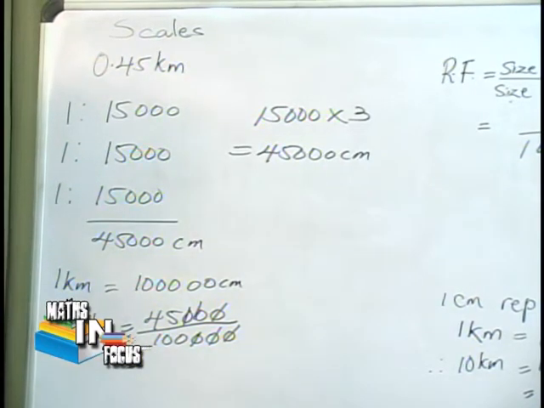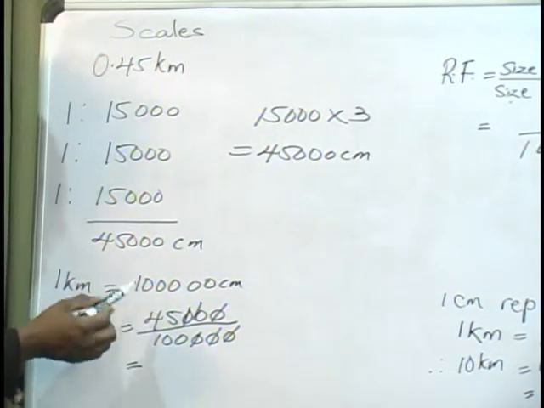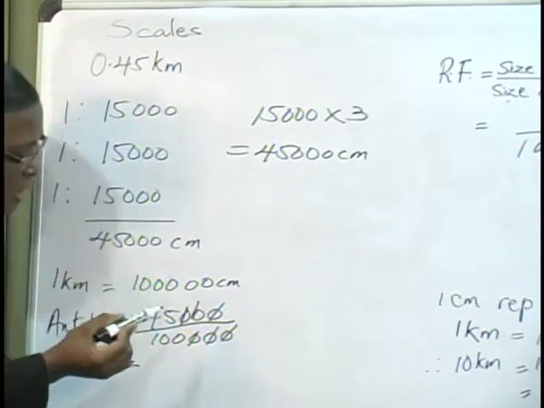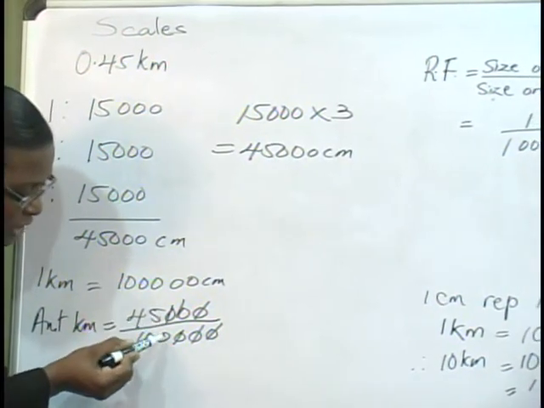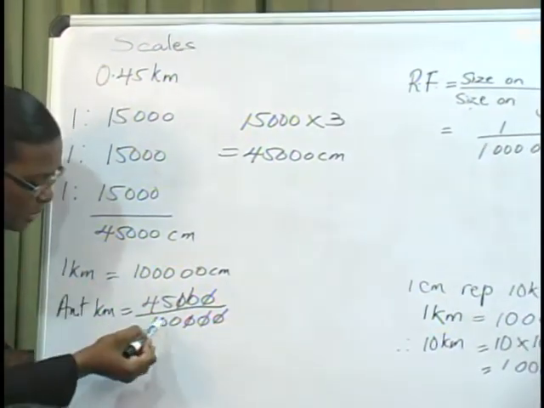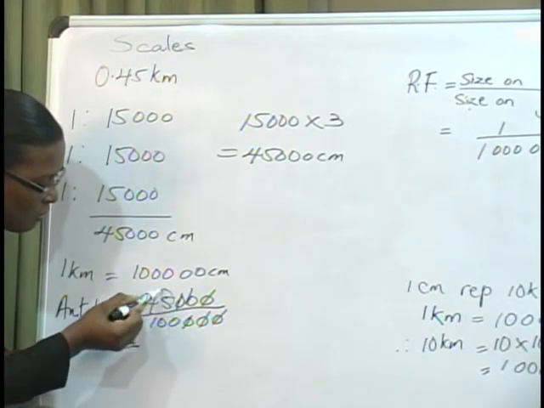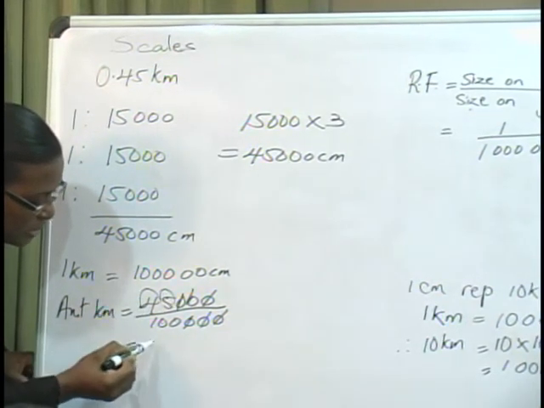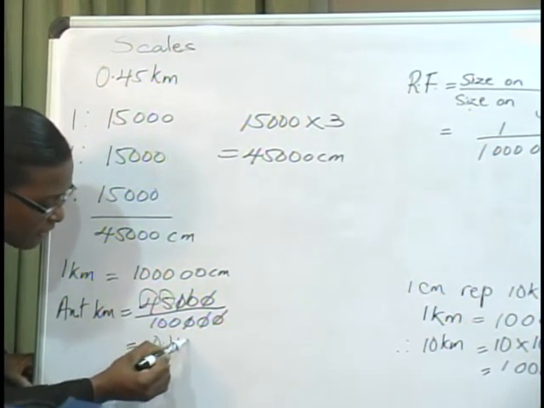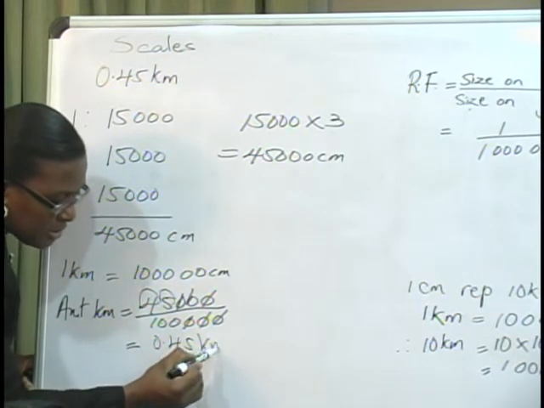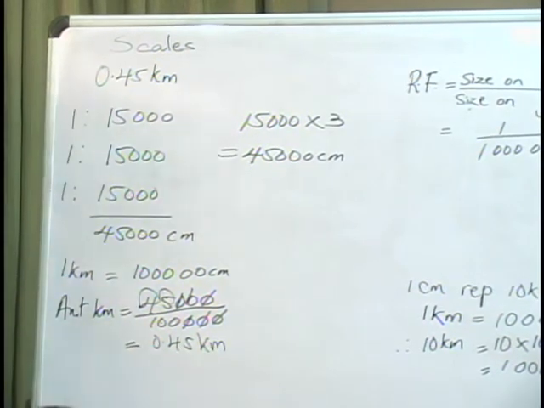I remember when we did some of our very first lessons, we said when we're dividing by numbers like 10 and 100, we simply move the point. So if the point is here, we're going to divide by 2 zeros, so 2 places we have to move. We move 1, 2. So it's 0.45 kilometers. Okay? Yes, miss. Good.